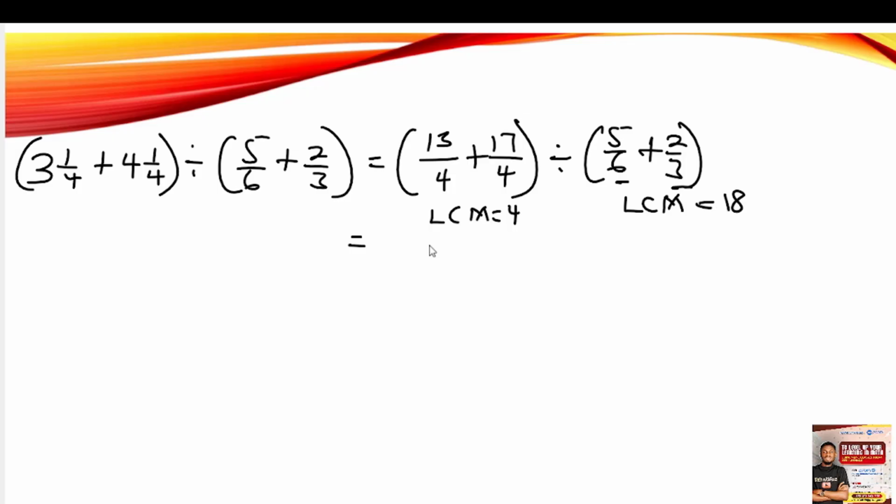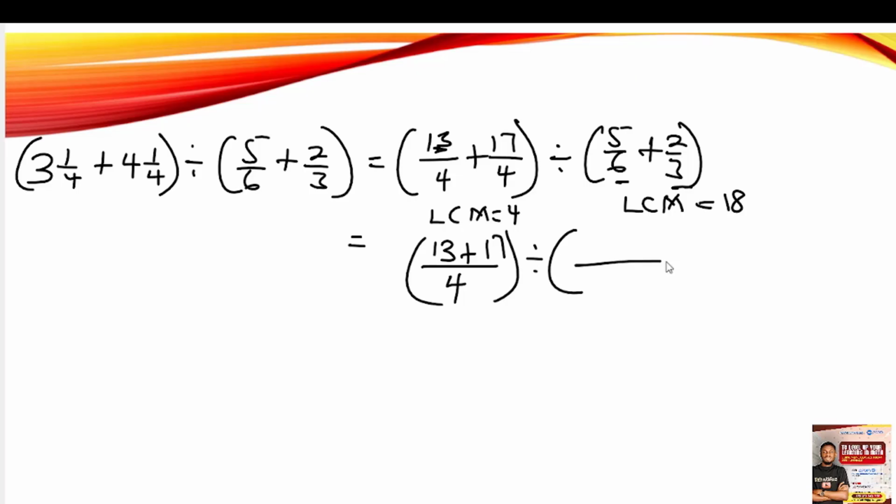So 4 goes into itself 1 time, 1 times 13 is 13, plus 4 goes into itself 1 time, 1 times 17 is 17, divided by the same thing as this.